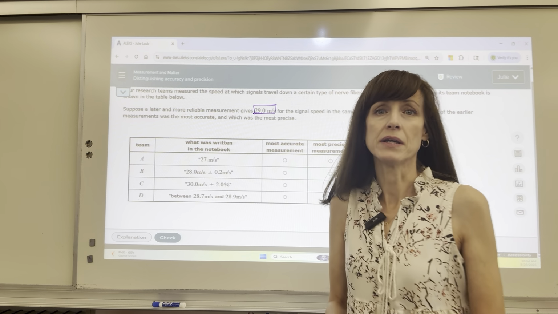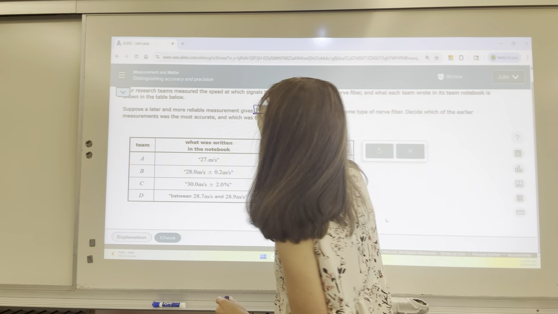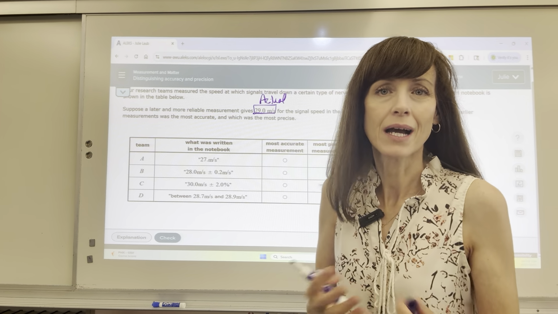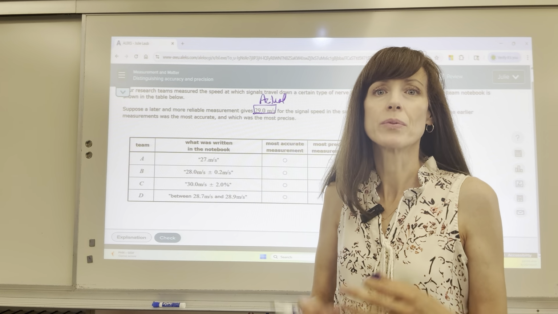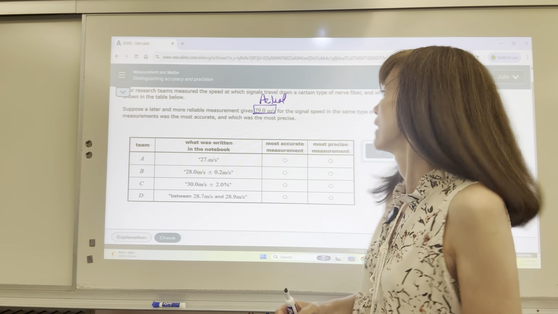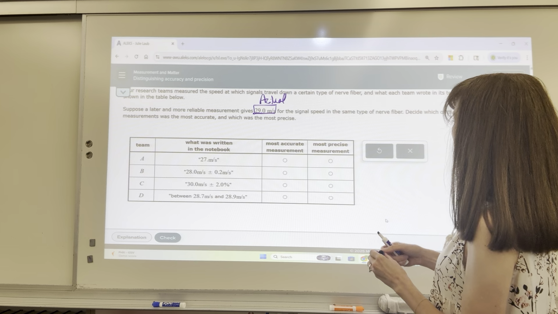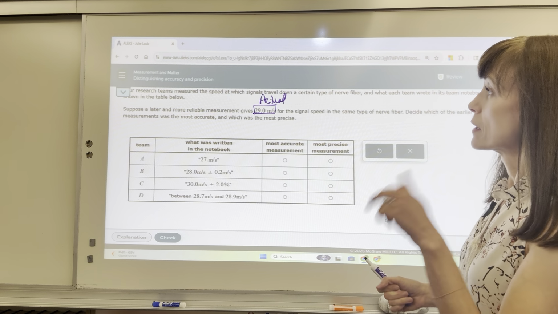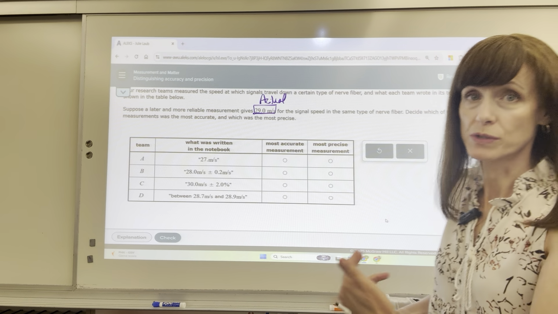That is going to be your actual value. Every problem is going to be a different number, but they will give you one actual value for the signal speed of the same type of nerve fiber. Decide which of the earlier measurements was the most accurate and which was the most precise.